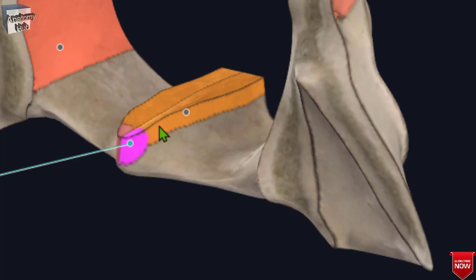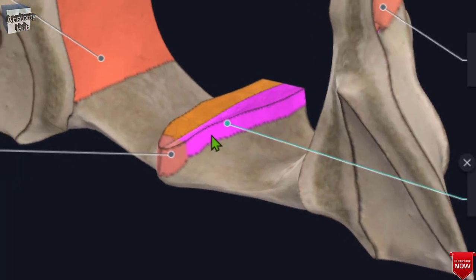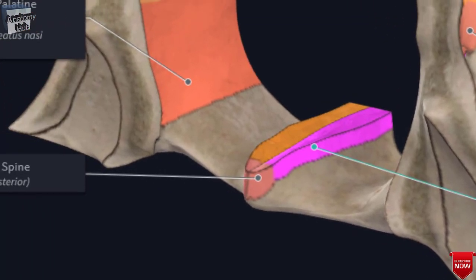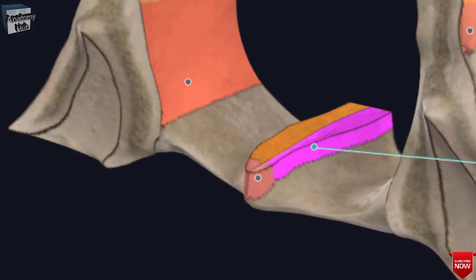Then here, that you will find over here, so this is the nasal crest. So the nasal crest of the palatine bone is a ridge of bone along the superior surface of the palatine process, above the median palatine suture, where the two palatine bones meet each other.